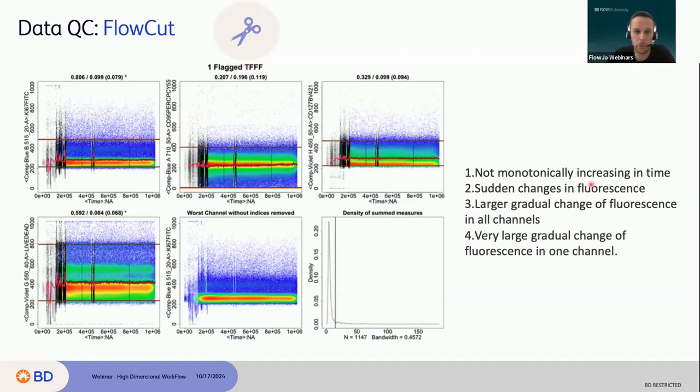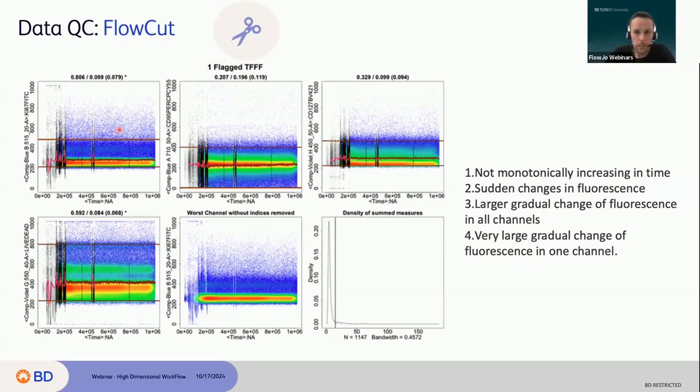No monotonic increase in time, it passed. But everything else failed. It failed the sudden change in fluorescence, the larger gradual change of fluorescence in all channels, and the very large gradual change of fluorescence in one channel.